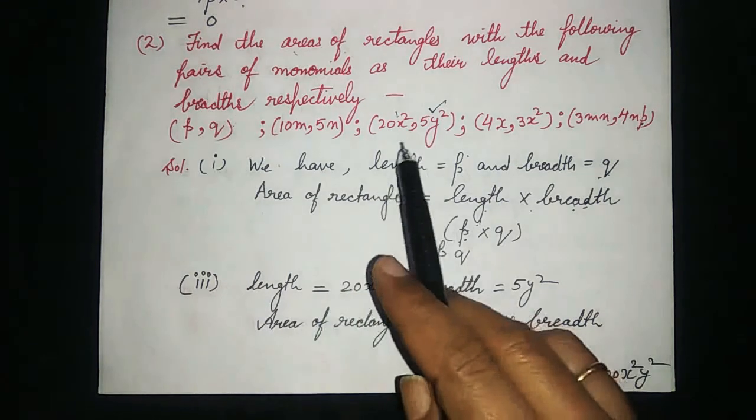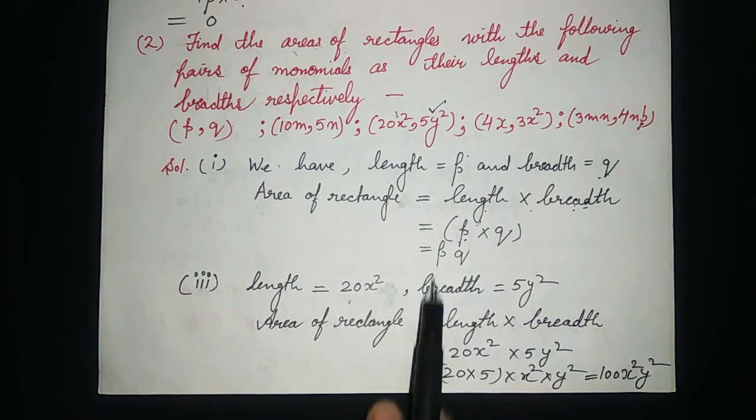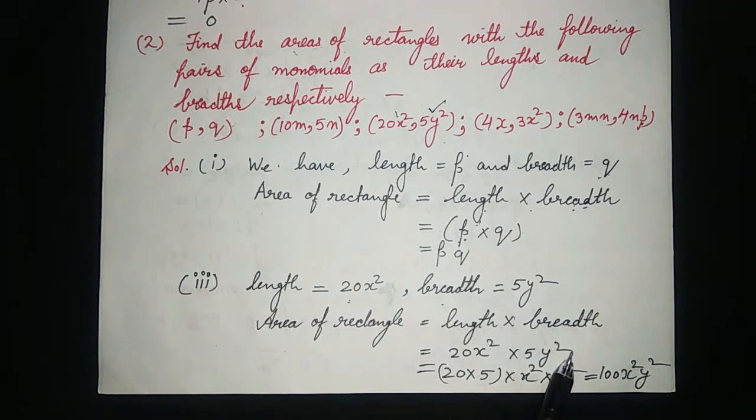Length 20x square and breadth 5y square, and again you will write the formula: area of rectangle is equal to length into breadth. Now we will write the first monomial 20x square in place of length. Now we will write the second monomial 5y square in place of breadth.